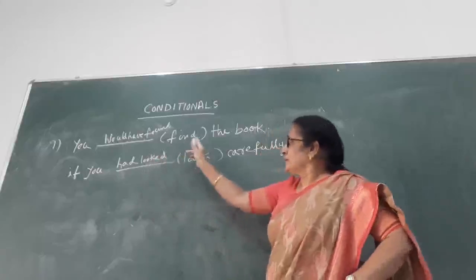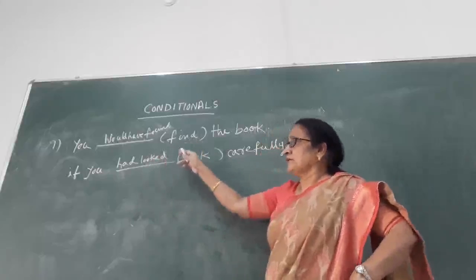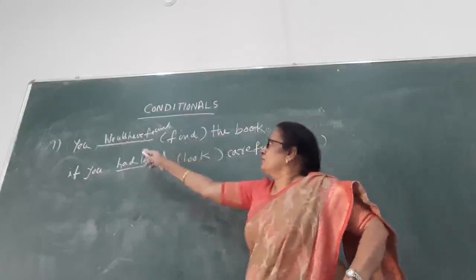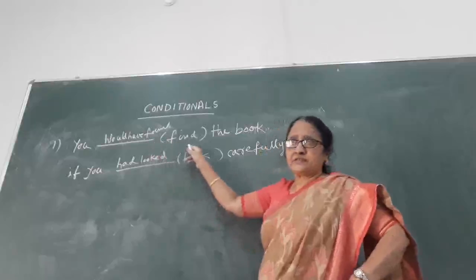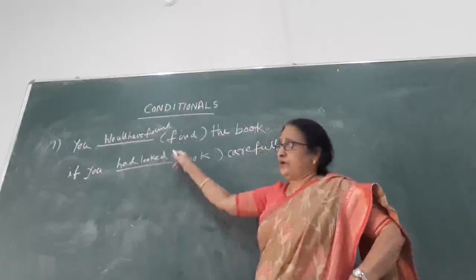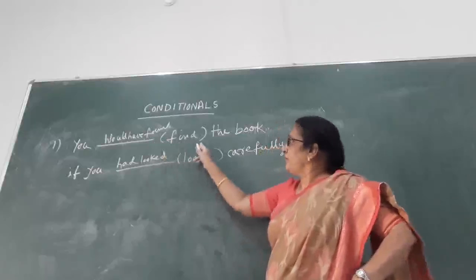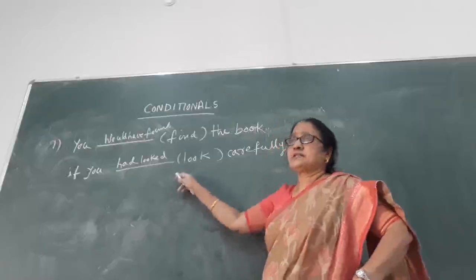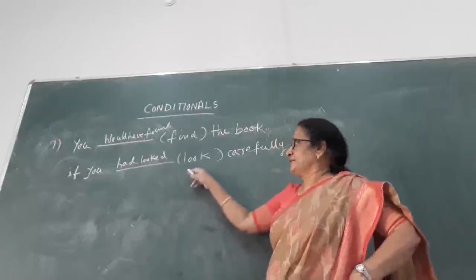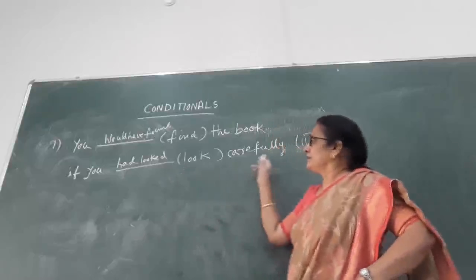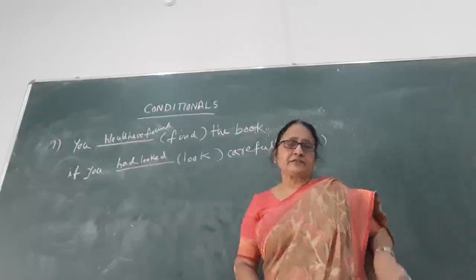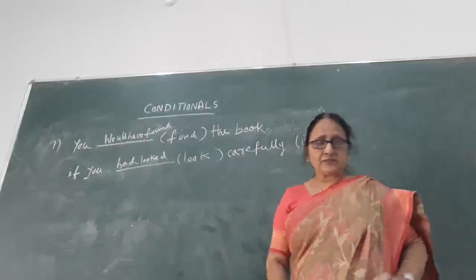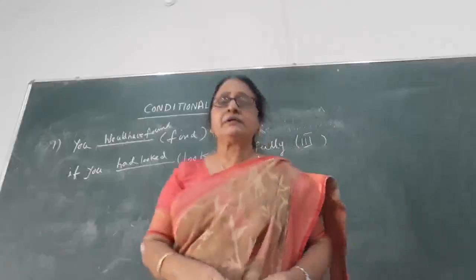So in the main clause you will have would plus have plus V3. So you would have find becomes V3 of find, found. You would have found the book if you had looked. Had looked is the past perfect. So if you had looked carefully, that is the ninth bit. Now I am writing this tenth bit here.